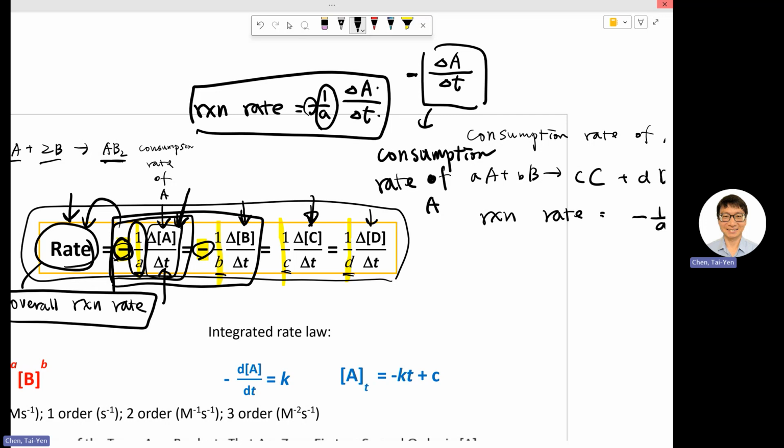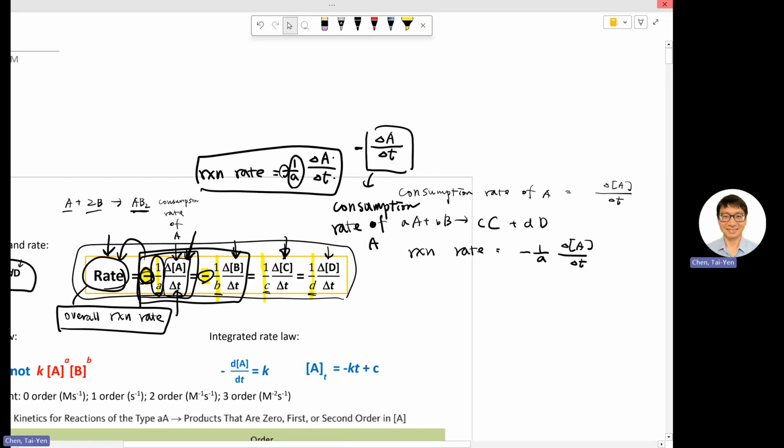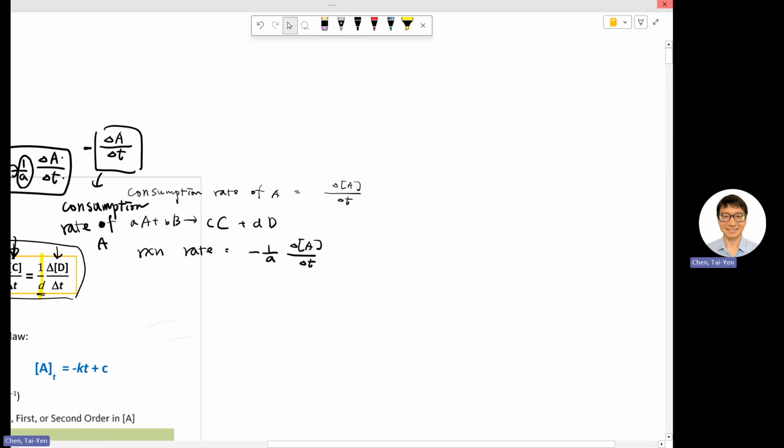So that is the main difference between the two. You need to make it very clear, because when you get asked in your question, you need to answer the quantity the question is actually asking for.